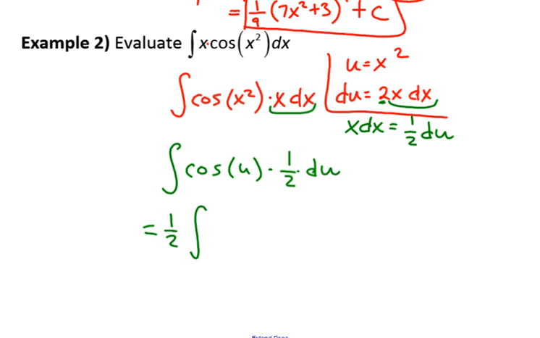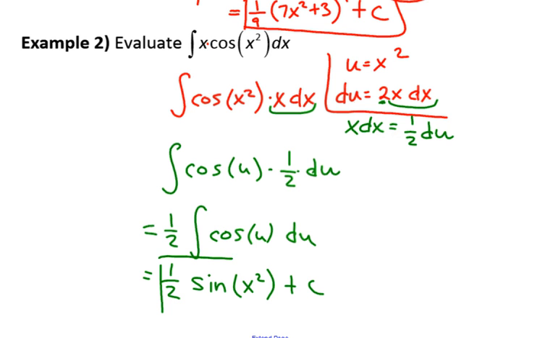And that's what I like to do just to avoid confusion. So the 1/2 I bring out, and then you have cosine of u du, and now you can simply integrate. So that's going to be 1/2 sine of u, and I can go ahead at this point, plug back in my u, which is x squared, plus c, and that is your final answer.